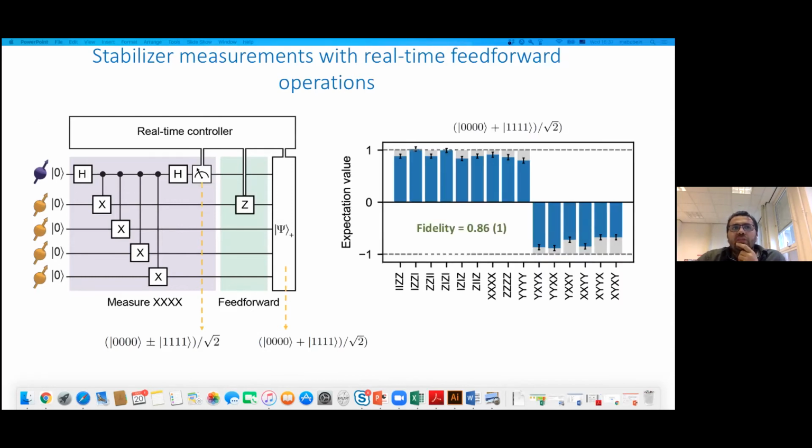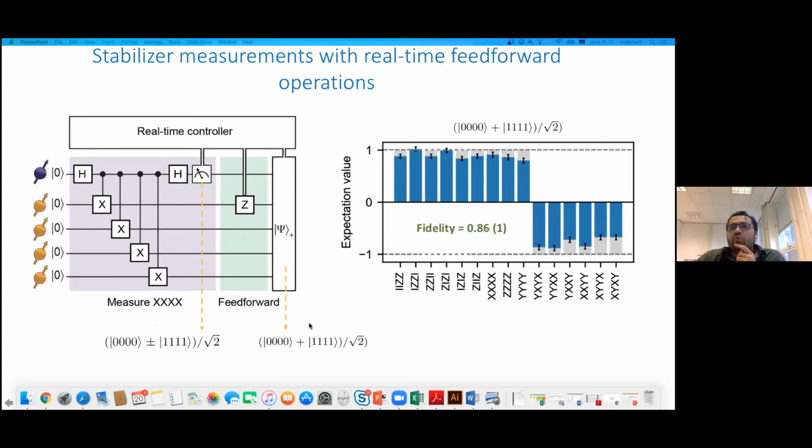We initialize the qubits in the all-0 state and then measure this stabilizer. Based on the measurement outcome, we would either prepare the GHZ state with a plus or minus sign. Now if we take this measurement outcome into account and do real-time feedback to apply this Z operation here, we can deterministically prepare this GHZ state with a plus sign.